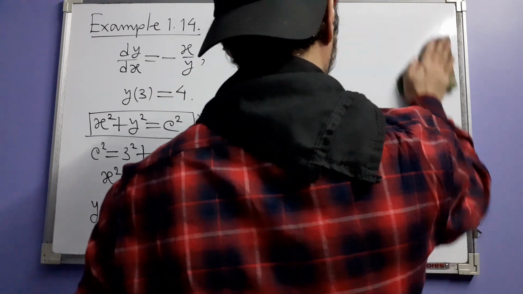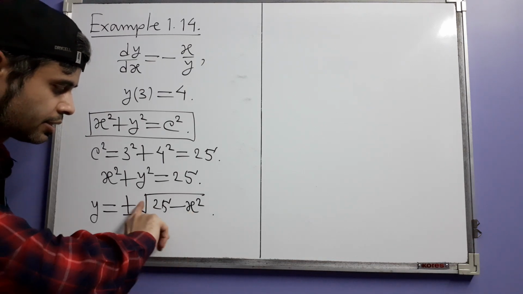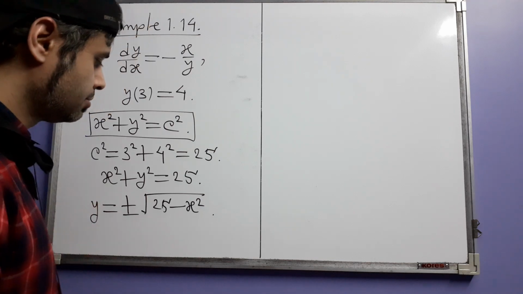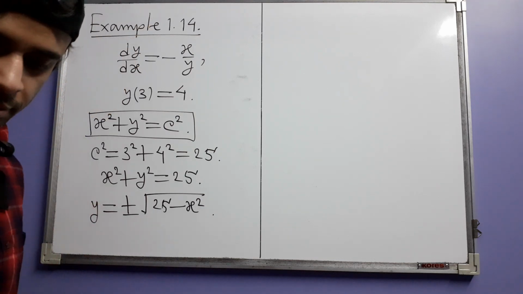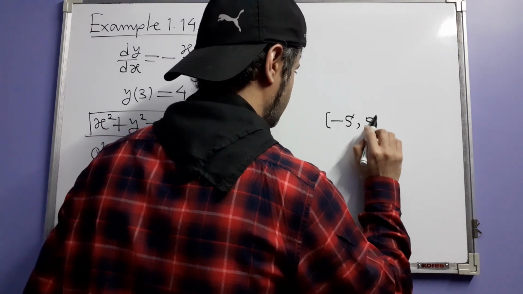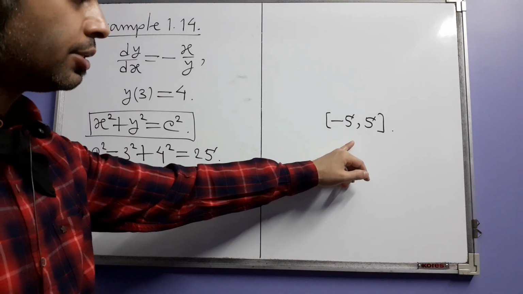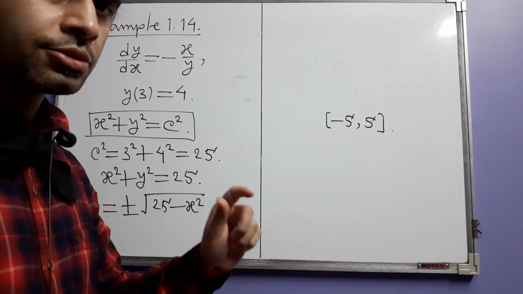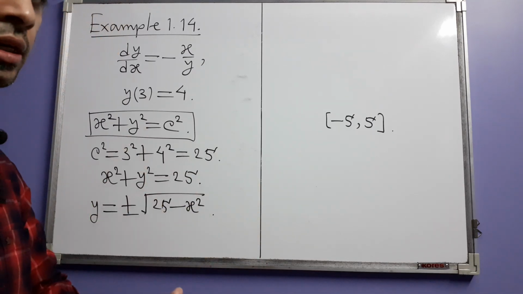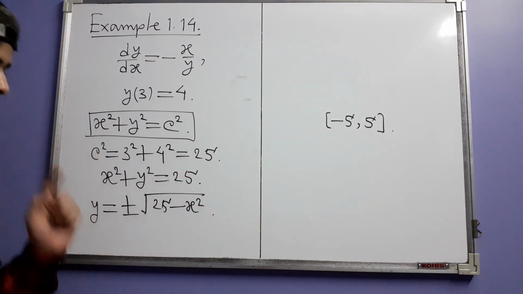Well, you have a square root, so the expression under the radical sign needs to be non-negative, greater than or equal to 0, and that happens in the closed interval minus 5, 5, because if your x is coming from there, then its absolute value is less than or equal to 5, and so its square is less than or equal to 25. So, 25 minus x square will be non-negative. So, on this interval you can define this function, but there is a problem.